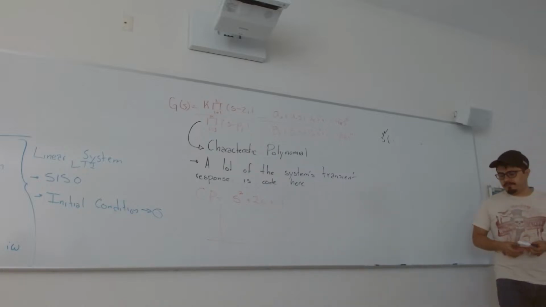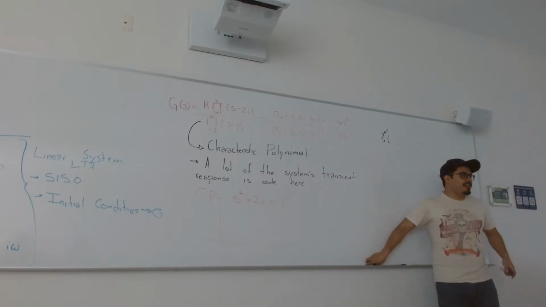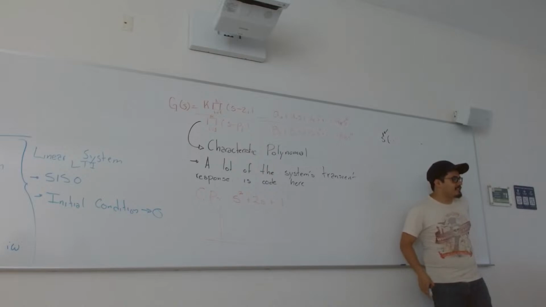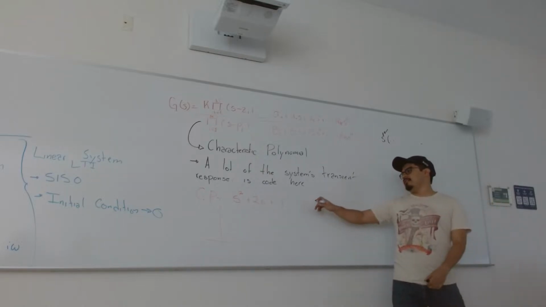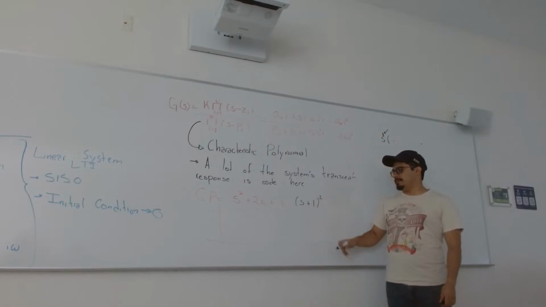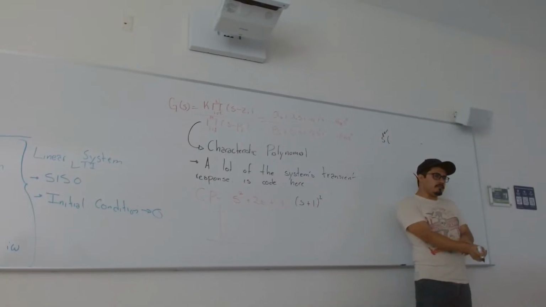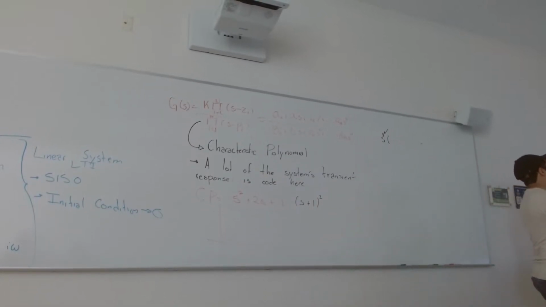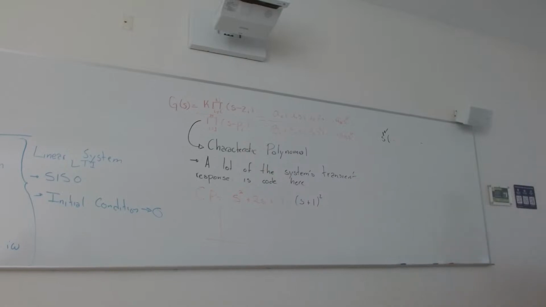The roots are minus 1. Actually, this is a typical high school exercise for algebra 1. This can be written as s plus 1 squared, right? So I have two roots at minus 1. It's critically damped. Excellent, that's a critically damped system. Okay, I have repeated roots.